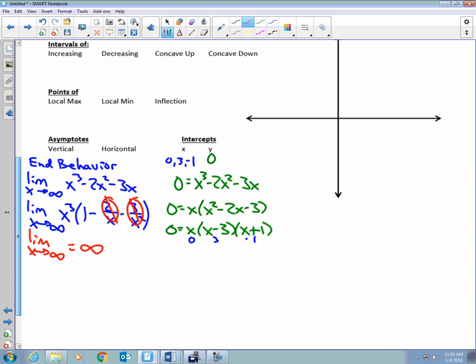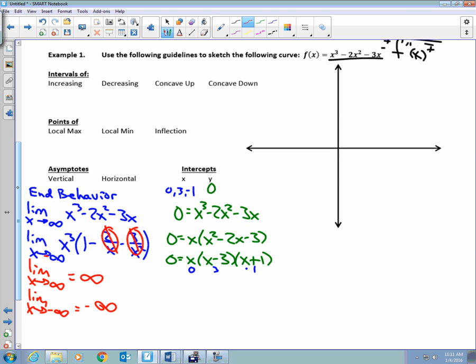But let's look at as x goes towards negative infinity. Instead of plugging in a positive, let's plug in a negative. If you take a negative infinity and cube it, you would get a negative. So what this tells us is it's going to start down and it's going to finish up. You should look at where it goes positive and where it goes negative.